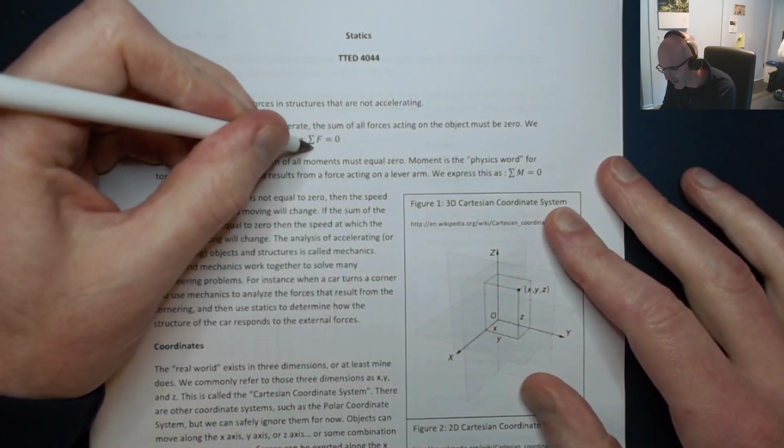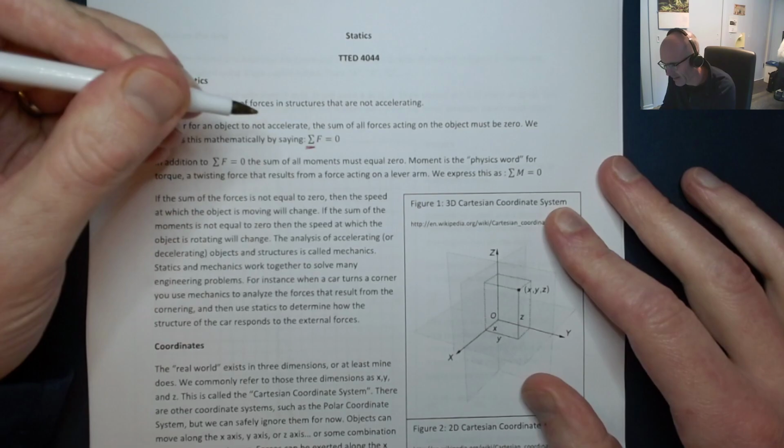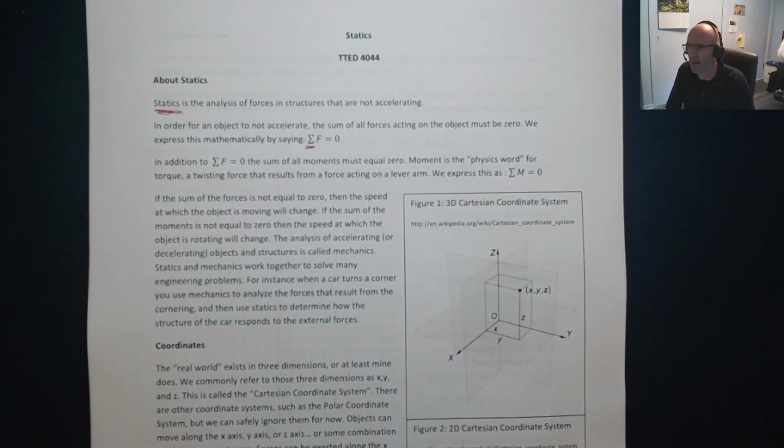But this little symbol right here, the Greek letter sigma, capital sigma, if you're going to be fussy about it, means the sum of, and then F. F is going to be our forces.